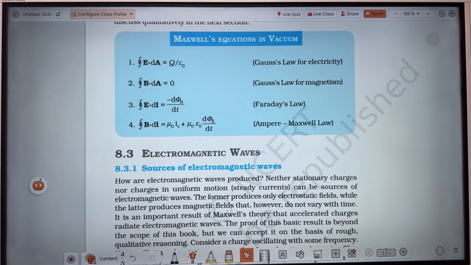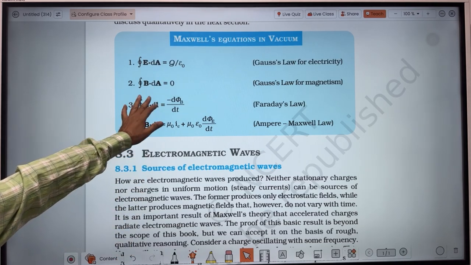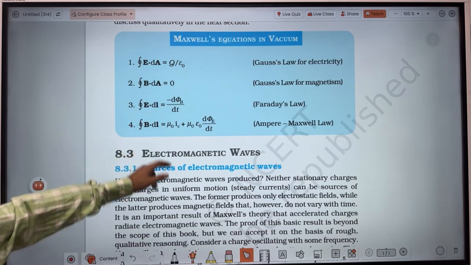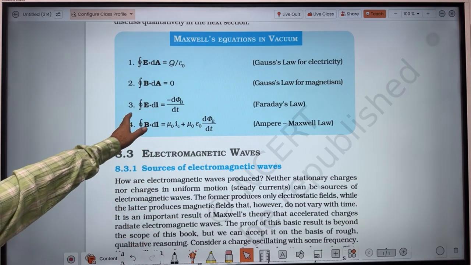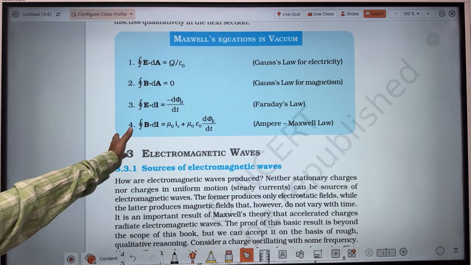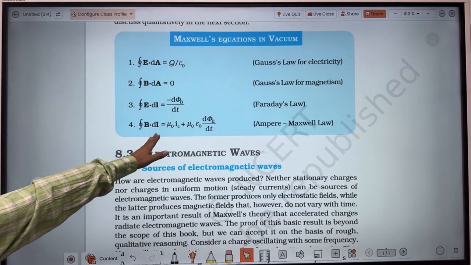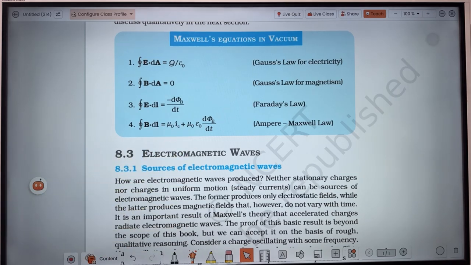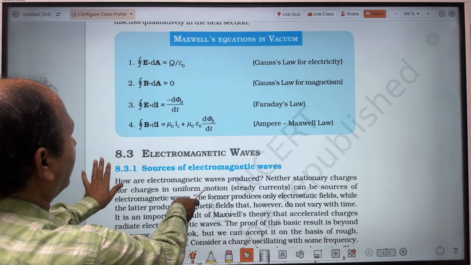Then integration B dot dA, Gauss law for magnetism, this gives 0, means net flux will be 0 in this case. And Faraday's law, you have seen that change in flux with time gives induced EMF. And then recently we have studied that integration B dot dl gives mu naught IC plus mu naught epsilon naught d phi E by dt. So you have understood.